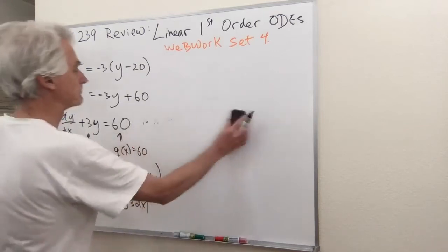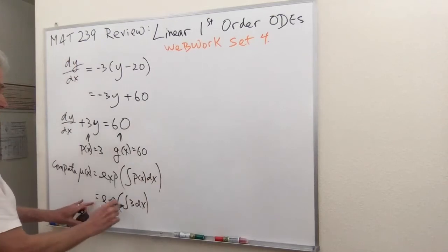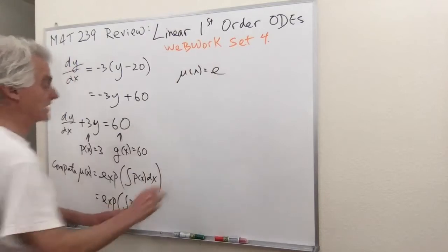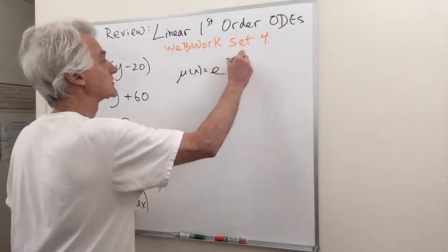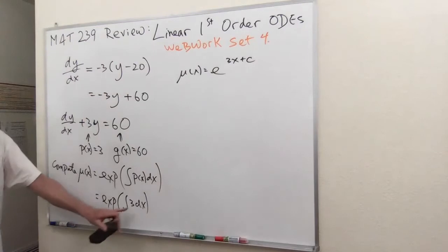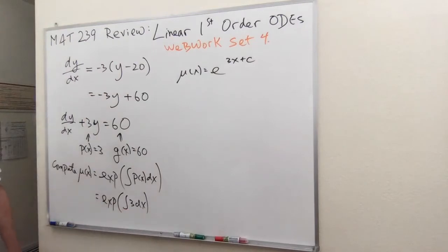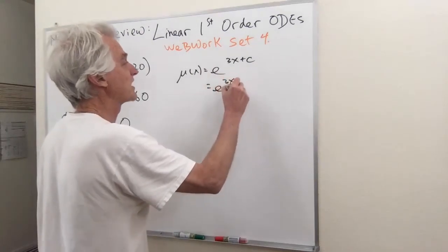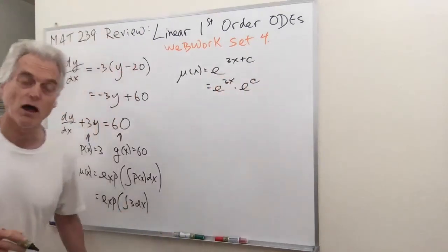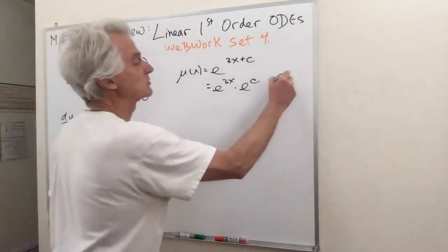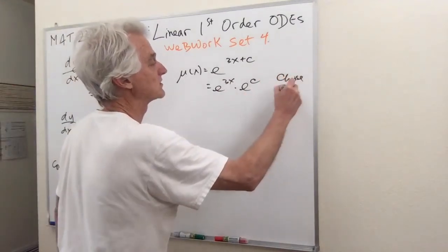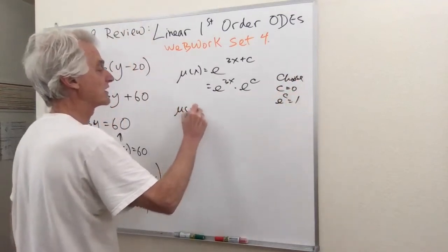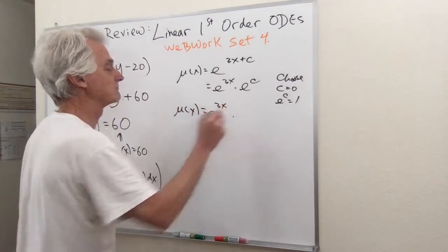That means mu of x is e to the 3x plus a constant, which is e to the 3x times e to the c. But in this case, I can choose c equals 0, so e to the c is 1, and I get mu of x is e to the 3x.